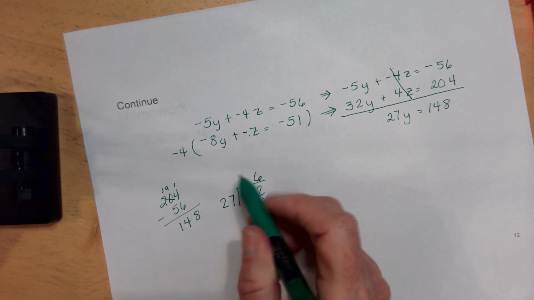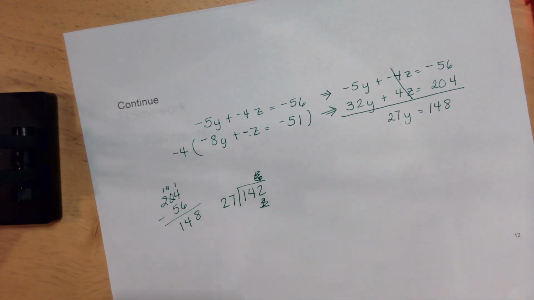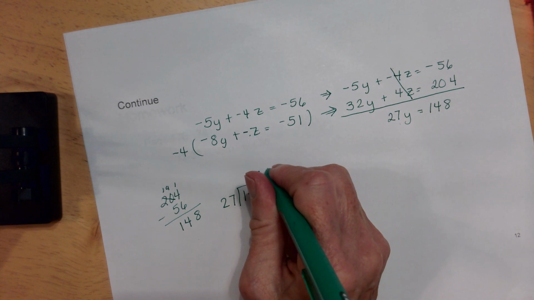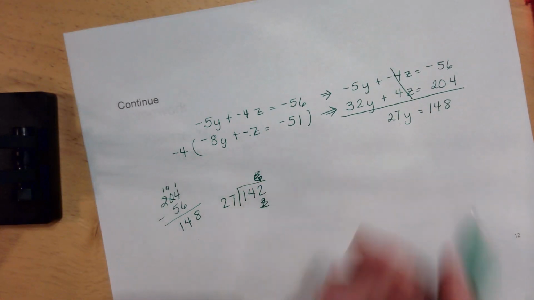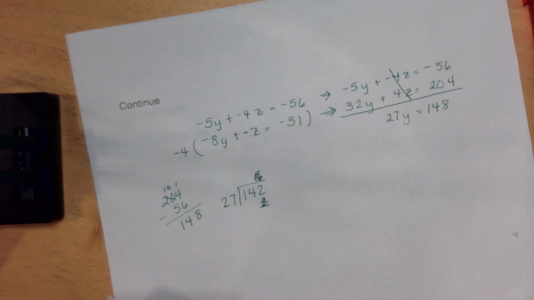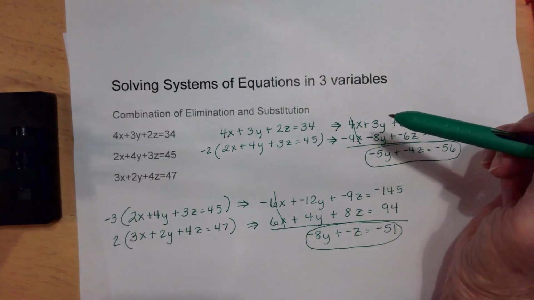Oh, that's going to be too high. Okay, so we'll have to back that off. And that may be, let's see, a 5. And that's not going to come out even. So we're going to back up. Somewhere along the line we have made a careless mistake.